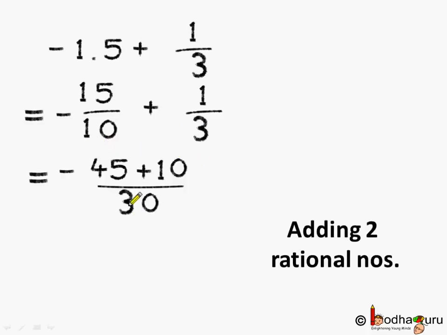Minus 15 multiplied by 3 we get minus 45, and here 10 multiplied by 1 we get 10. So it becomes minus 45 plus 10 divided by 30. Thus the answer becomes minus 35 by 30.